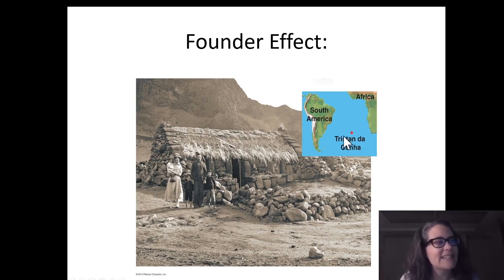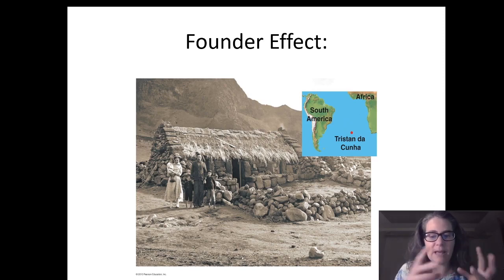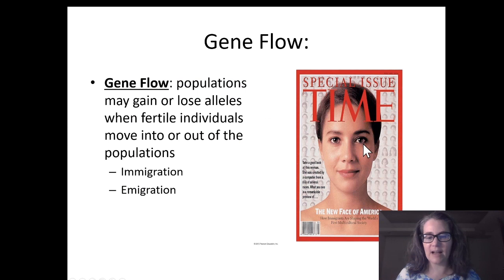This island still today has a higher percentage of that kind of blindness than any other place in the world. Because so few people founded the area, they carried with them a very small number of alleles that got perpetuated in the future generations of that particular group. And we see that the allele frequencies for this island are still different than the neighboring countries around it.